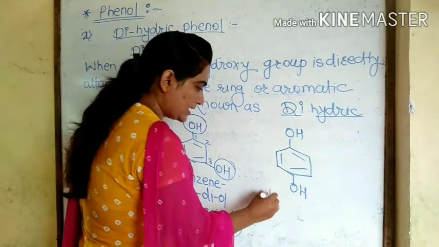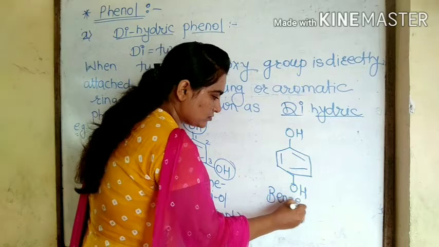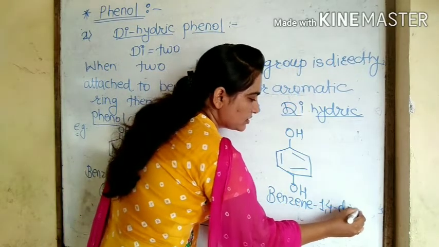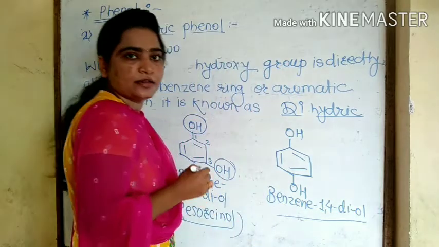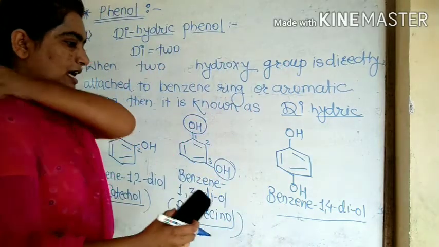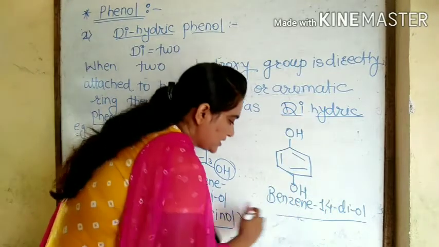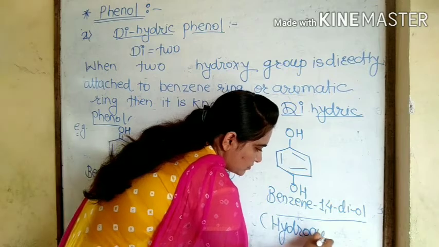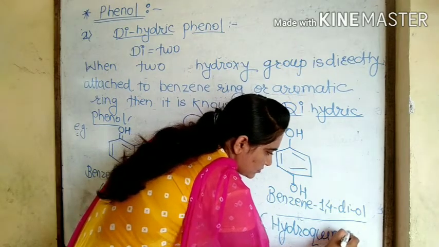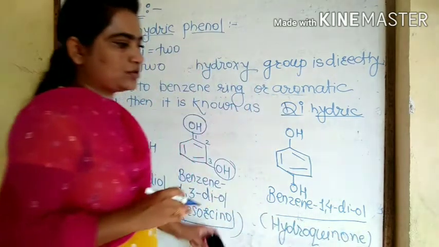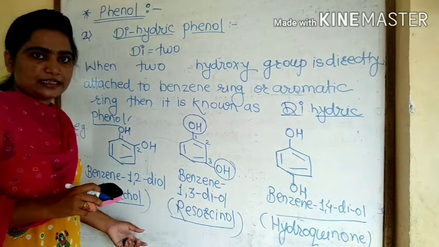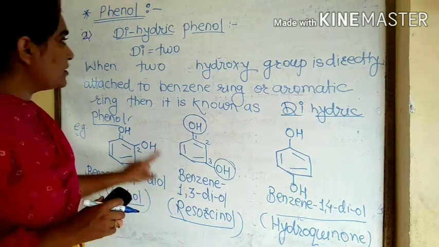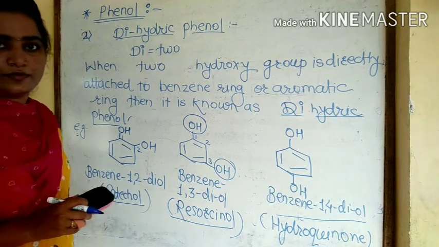So it is called benzene-1,4-diol, or also we can say hydroquinone. Understand this? So this is the second type of classification of phenol, that is the dihydric phenol.